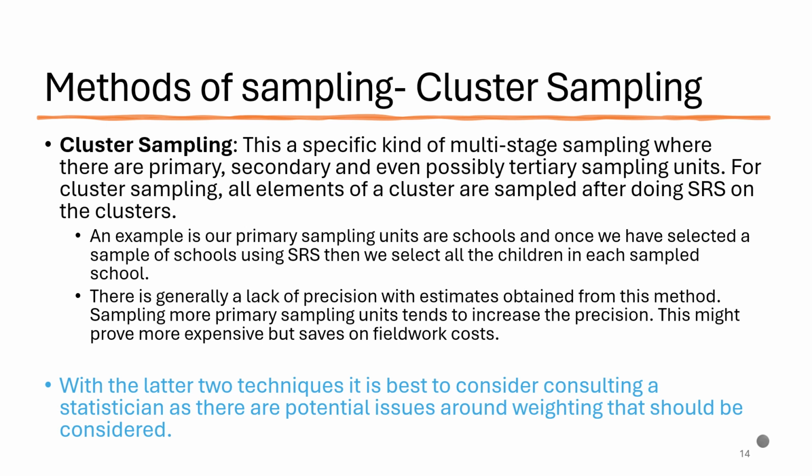But in this method, you can maybe sample, I don't know, 15 different schools, 20 different schools, but you're sampling all the students within those schools. See, so in terms of logistics, it might be cheaper. My humble advice is that if you're trying to do a study where you would need any other form of sampling besides simple random sampling, talk to a statistician, right? Talk to a statistician.